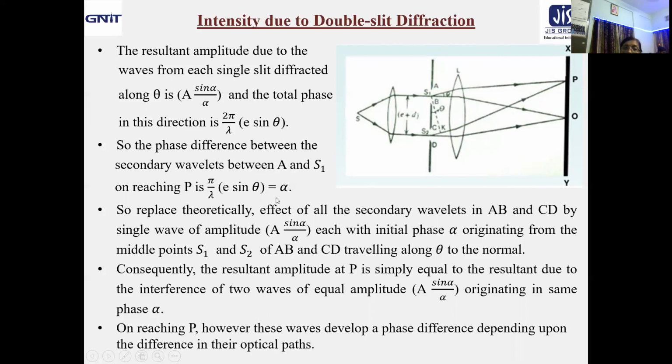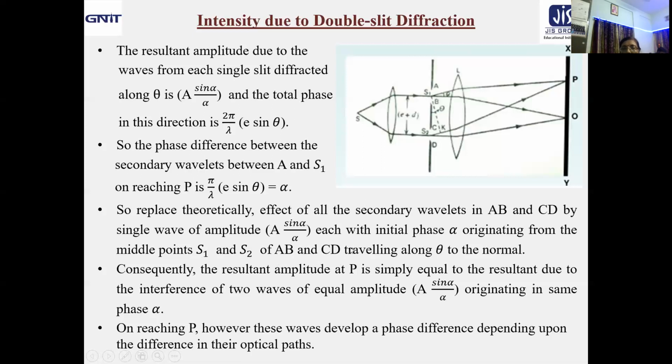Okay. So replace theoretically the effect of all the secondary wavelets in AB and CD by a single wave of amplitude A sine alpha by alpha, each with initial phase alpha, originating from the middle points S1 and S2 of AB and CD, traveling along theta to the normal.